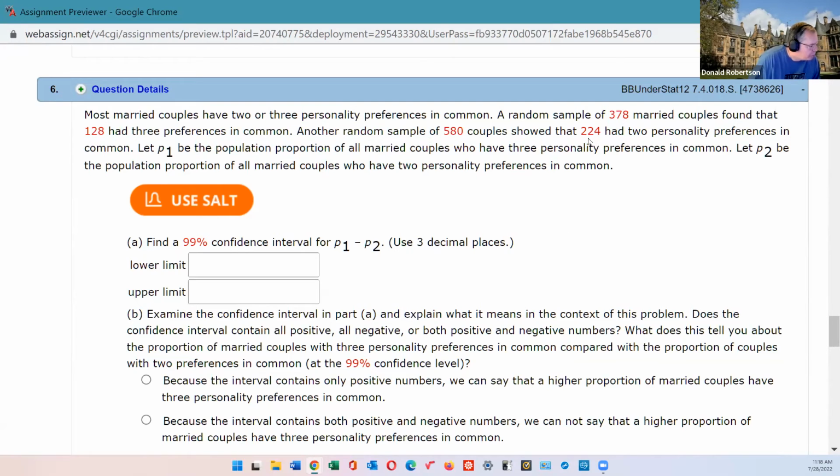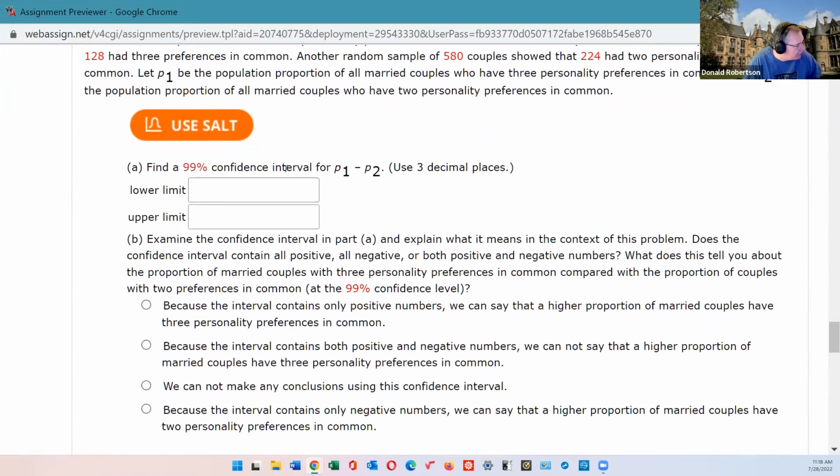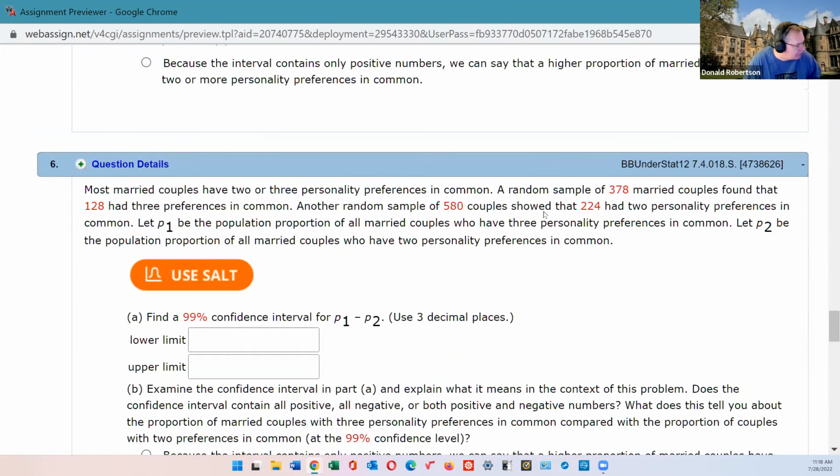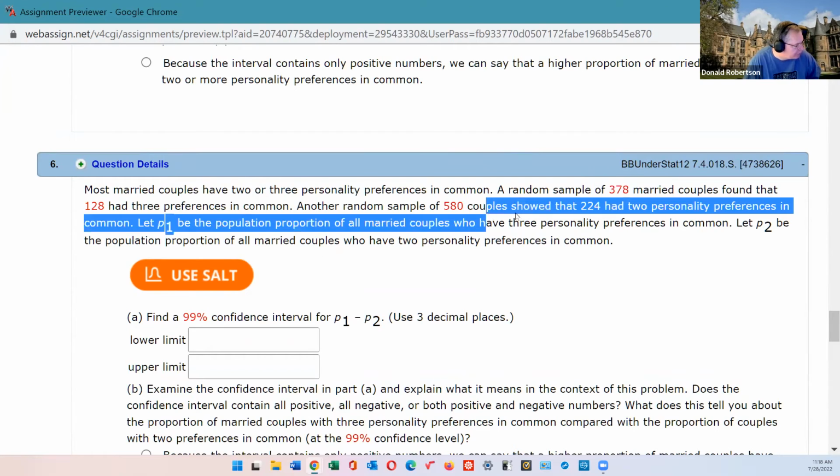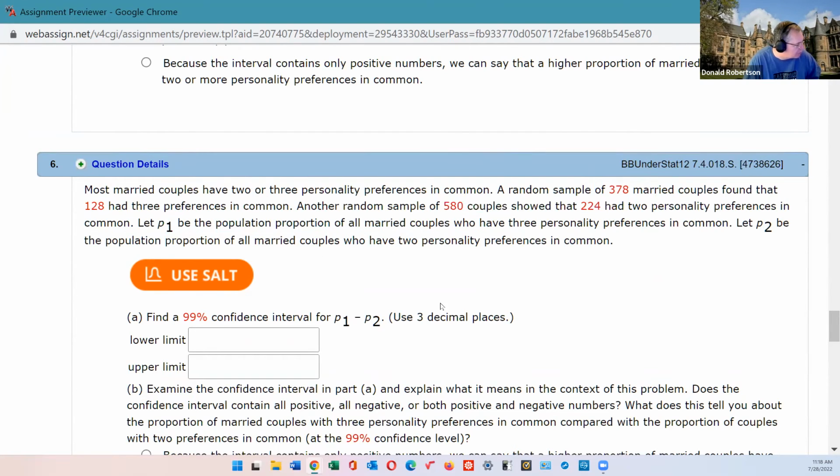Another sample, 580, showed 224. So the second group was 224 out of 580. And we are going to find, is there any difference in this? In other words, is one percentage bigger or less than the other? So the first one is this group, and the second one's that group.